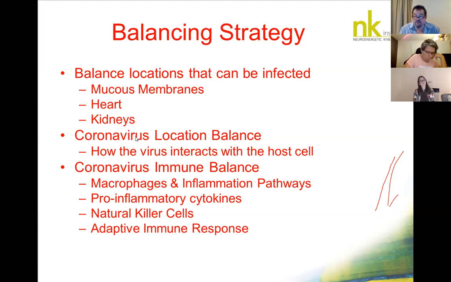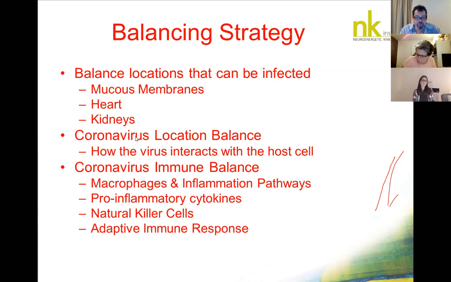So what is the balancing strategy? We would want to balance the locations that can be infected by the virus, especially the mucous membranes, mainly the respiratory system. Can be the eyes as well, so you can get a drop in your eyes and you're infected.